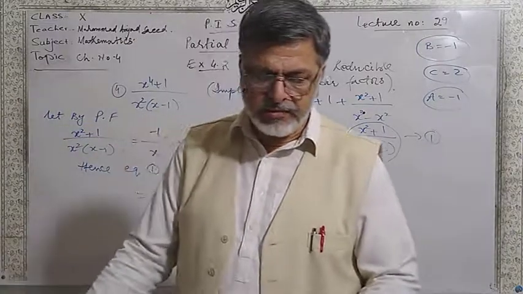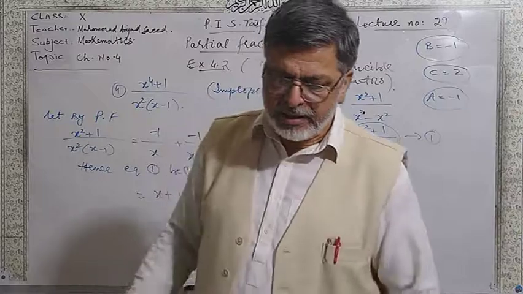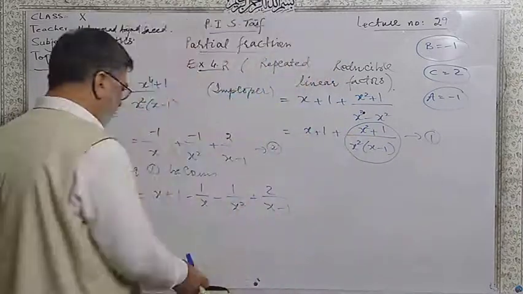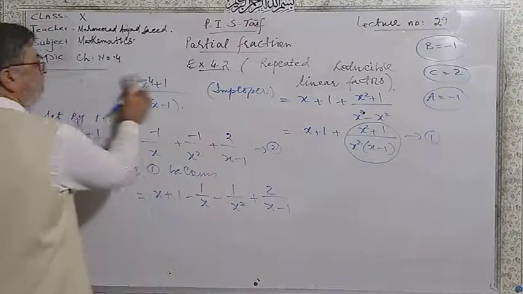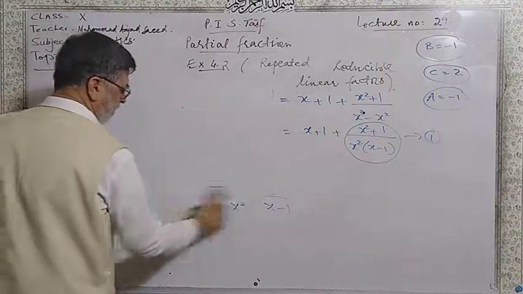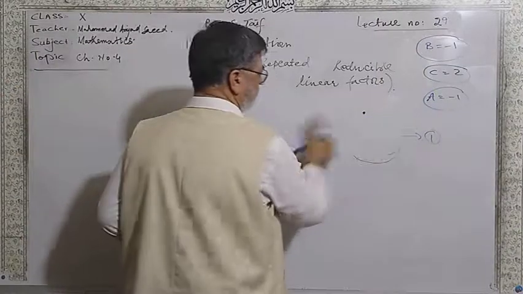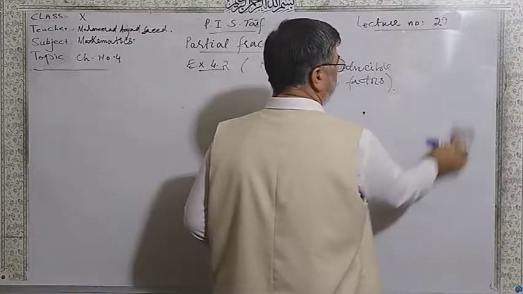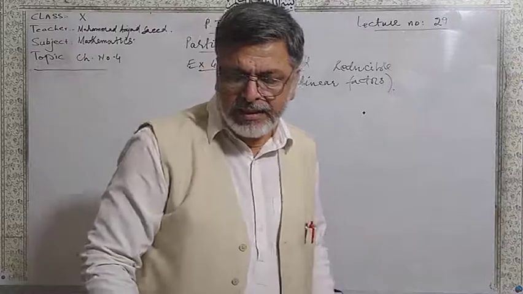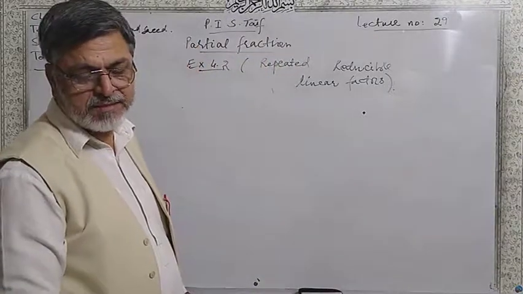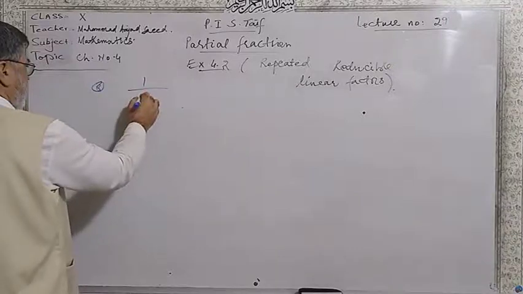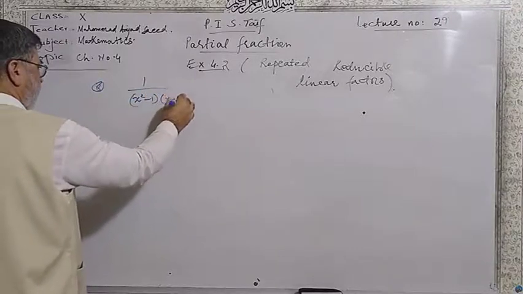After that, we are given question number 8. Remember that in question number 8, again we will have the formula in the denominator to write down in the proper form of repeated linear factors. Question number 8, 1 over x square minus 1 into x plus 1.